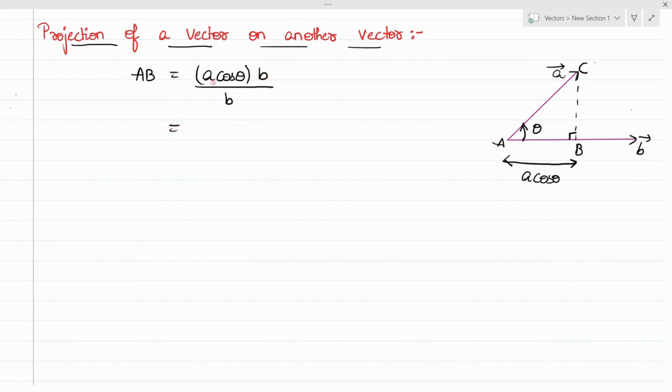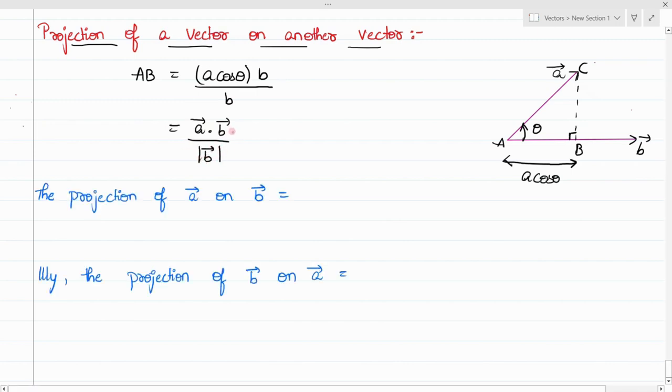So it becomes magnitude A, magnitude B and cos theta, which is nothing but A dot B upon magnitude of B. So in this way, dot product is used to find the projection of a vector.